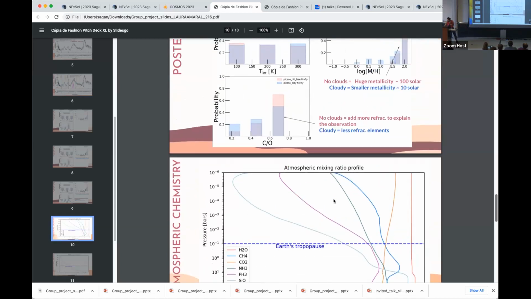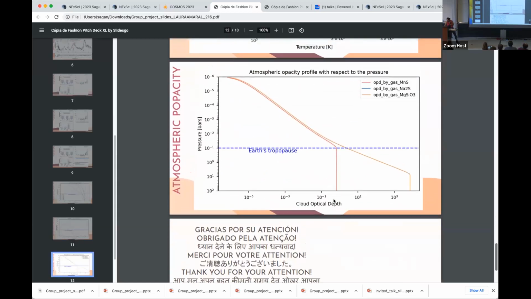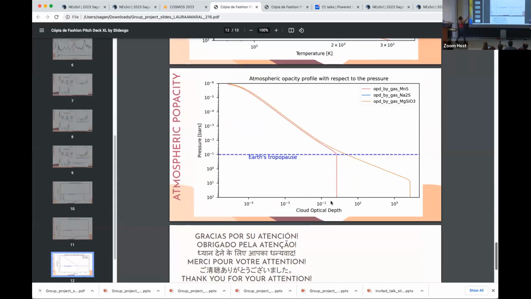And then the only other thing is these are the cloud profiles of your best fitting model, which was awesome to see. The enstatite, that's the MgSiO3, is forming all the way down here. And then, like you said, the MnS sort of picks up later.